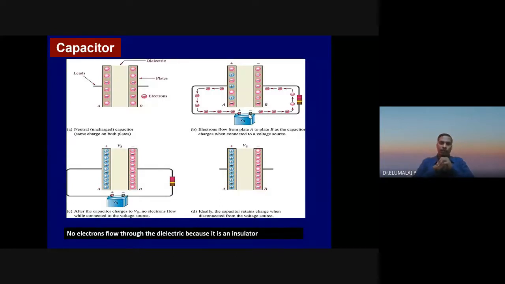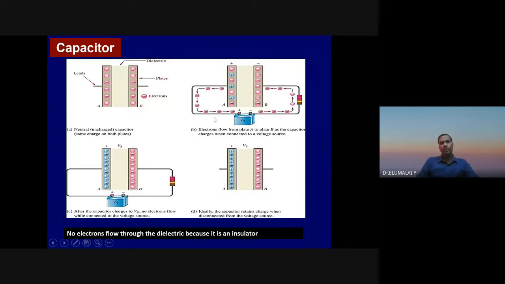What will happen? This battery has a very large voltage. If it is a charged lithium-ion battery, it will have 4.2 volts. Now the circuit is complete, and there is a difference in the voltage. There can be a flow of charges.